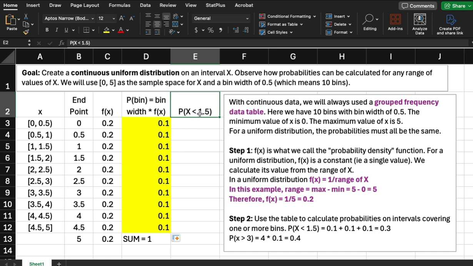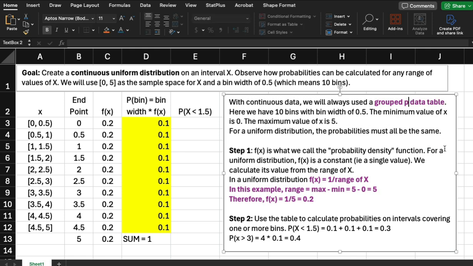The only downside of using binned data like this is that it's actually not a grouped frequency data table, it's a grouped probability data table. So I should probably go over here and change that to probability data table.